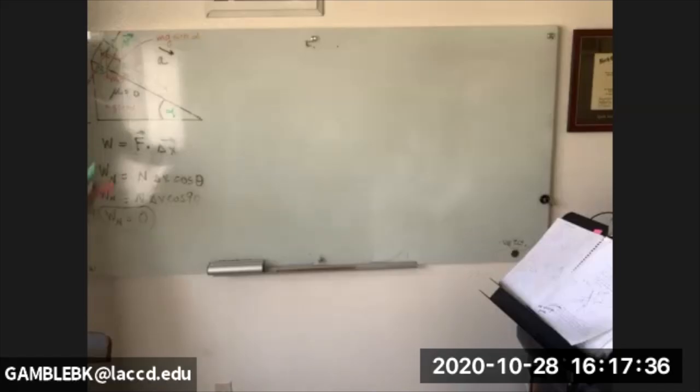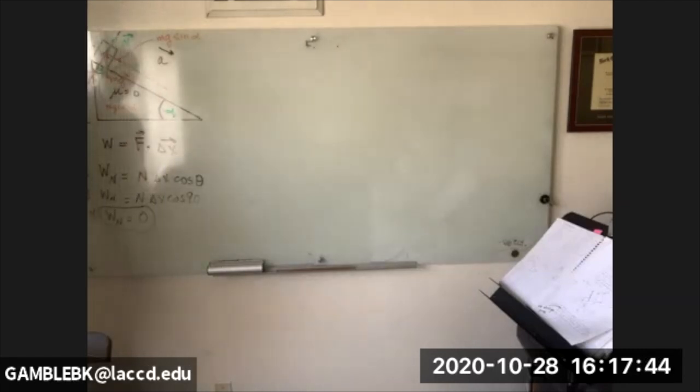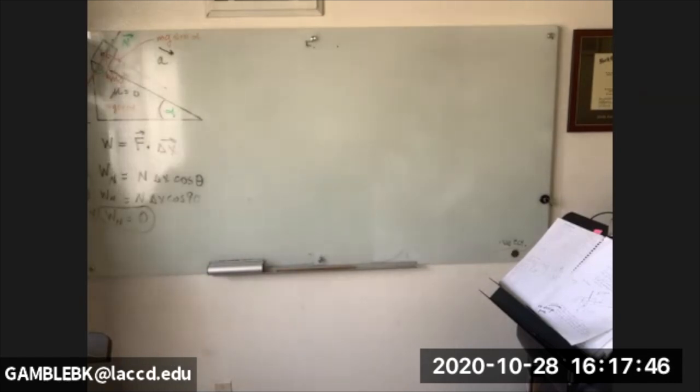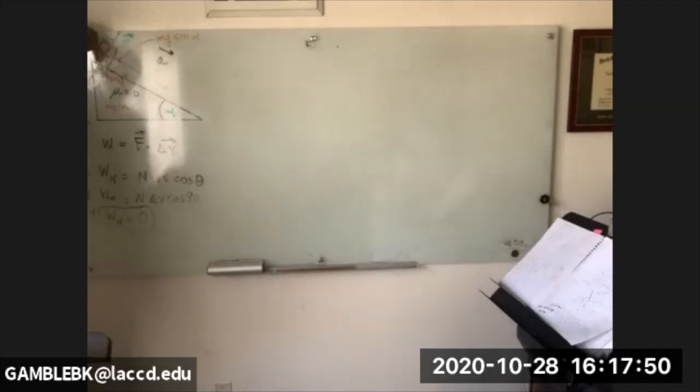It'd be the work. The work is 0 because it's 90. That's right. Why is the work 0? Because the force is pointing, well, you said down, but let's say along the negative x-axis, which means that it's 90 degrees relative to the direction of motion.